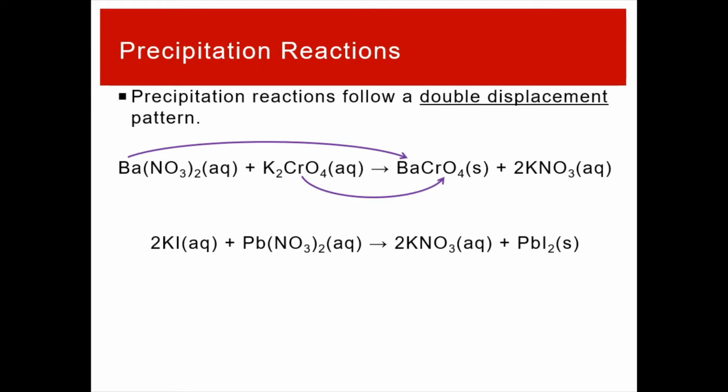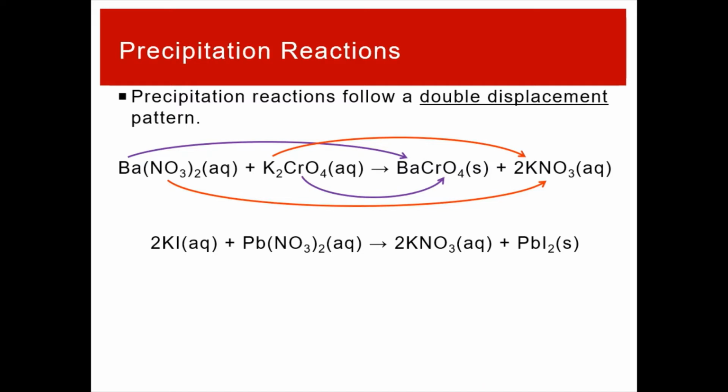We know that barium can't be paired with potassium. That wouldn't work because those are both cations. So barium's already paired with this nitrate. The only possibility is it swaps and pairs with the other anion, which is chromate in this case. At the same time, the other pair, potassium and the nitrate, start to pair up. That's the only real possibility of a new compound.